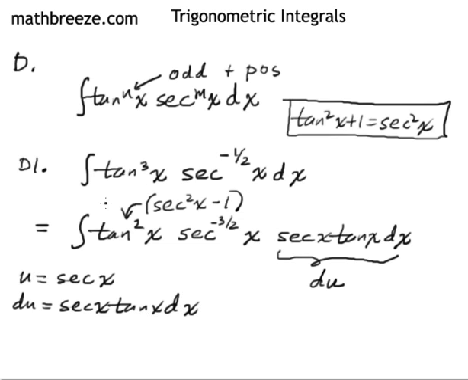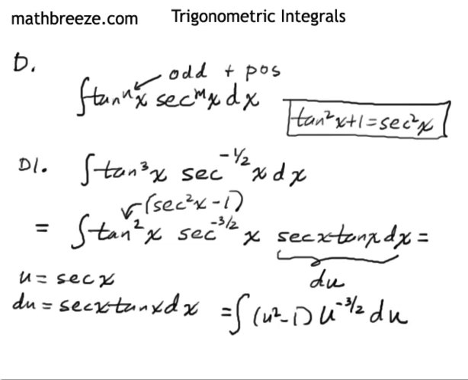So we'll substitute in. We'll put u equal to secant x, and here we have u squared minus 1, and here we have u to the minus 3/2, and all this is du.